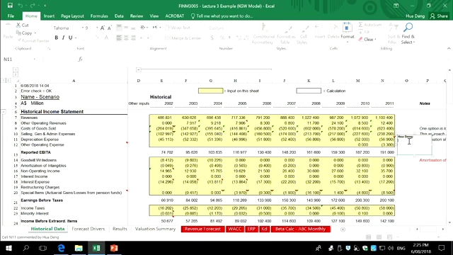Here, you might input your comments on that particular number so that other people would understand what that number stands for.